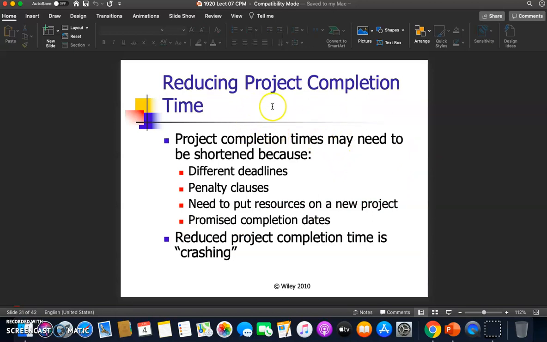So reducing project completion time. Project completion time may need to be shortened because sometimes we have different deadlines. So penalty clauses, need to put resources on a new project, promised completion date. So reducing project completion time is called crashing.